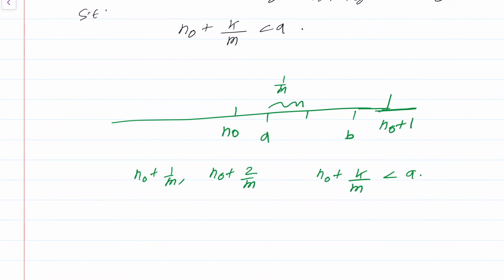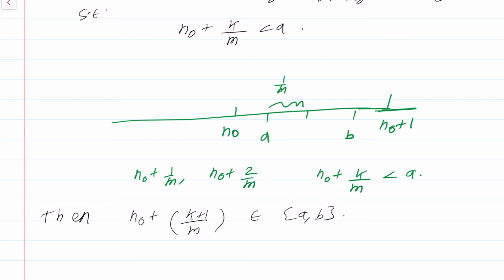Now we know that n naught plus k by m is less than a. That means n naught plus (k plus 1) by m will necessarily belong to (a, b).